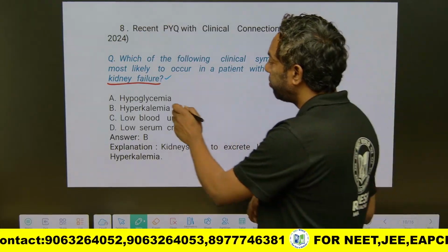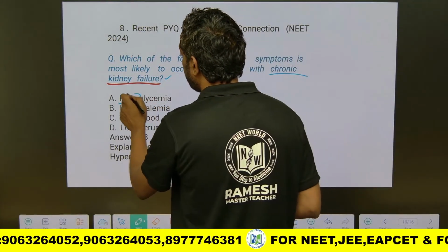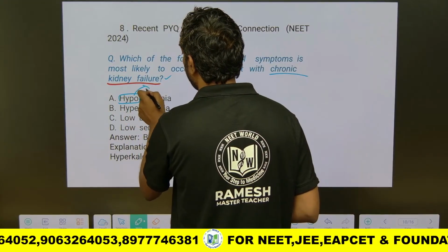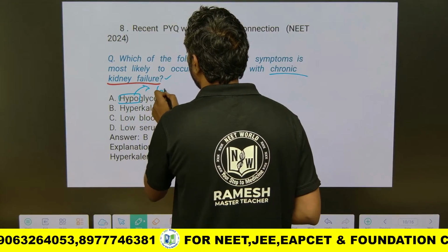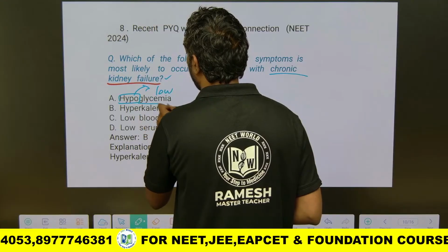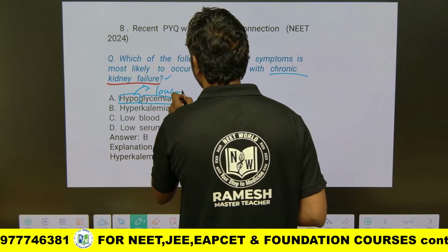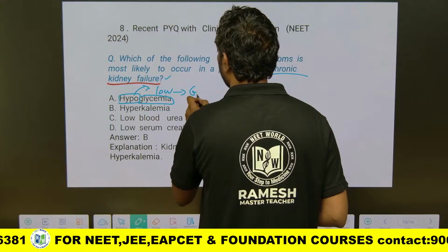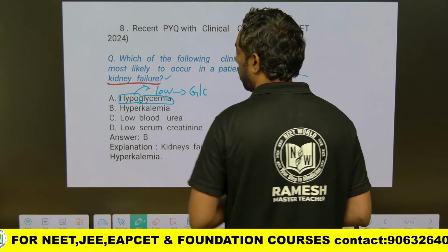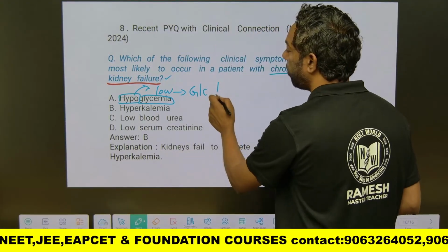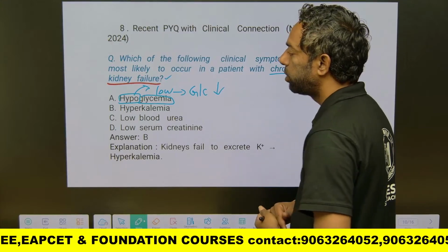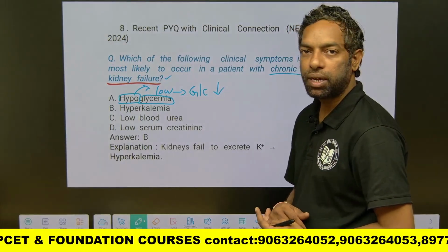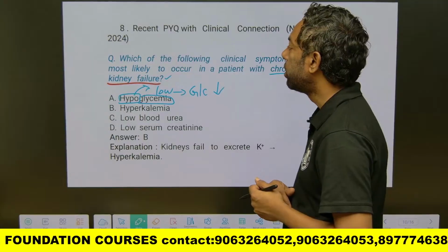Hypo means low, glycemia means glucose. Low glucose in the urine.